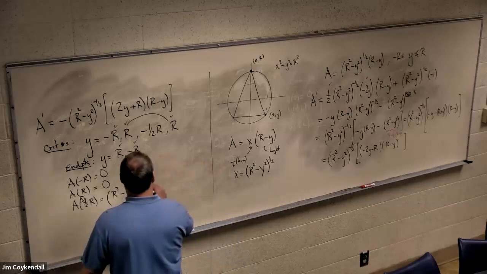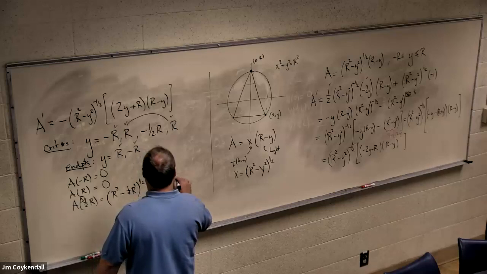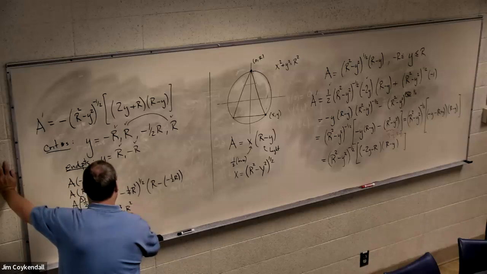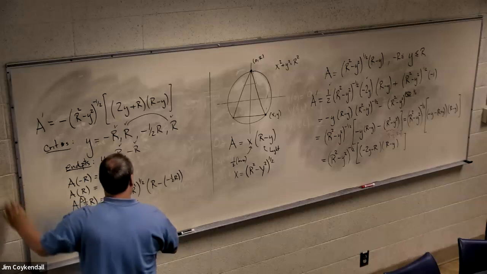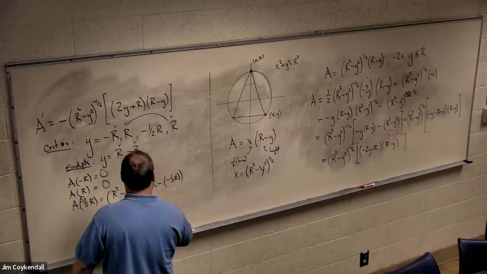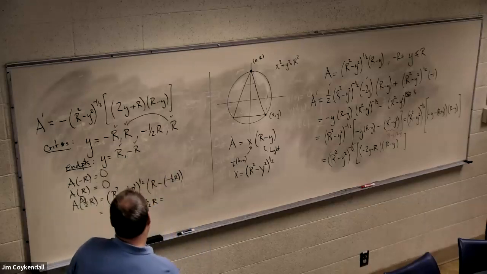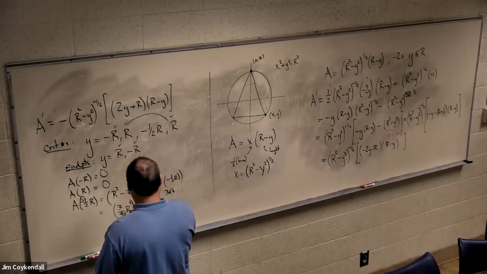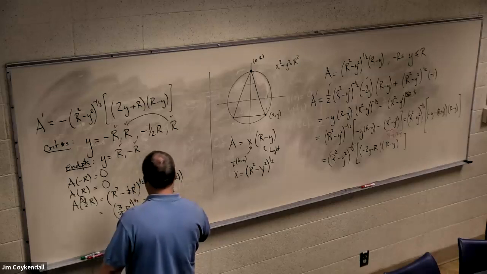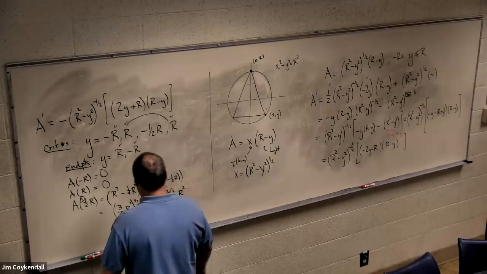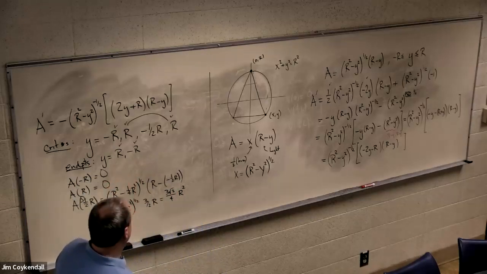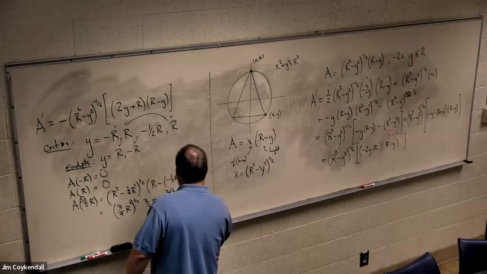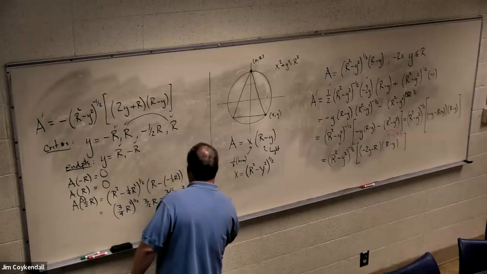And then I get R minus 1/2 R. So this is 3/4 R squared, square root, times 3/2 R, and that's going to be 3 radical 3 over 4 R. This is bigger than 0. So y equals minus 1/2 R is max.